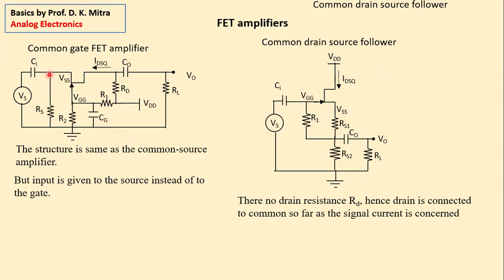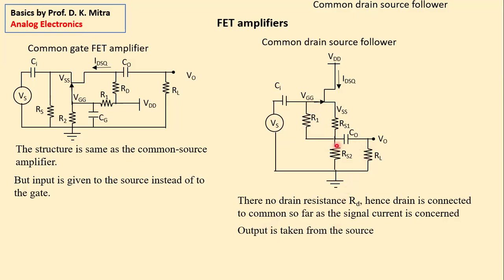Here, there was a source resistance, RS. Here, source resistance is divided into two parts, RS1 and RS2. And the calculation is done in such a way that the potential drop across RS1 provides the necessary potential difference between the source and the gate. And there is a resistance R1 which is used for providing the bias.